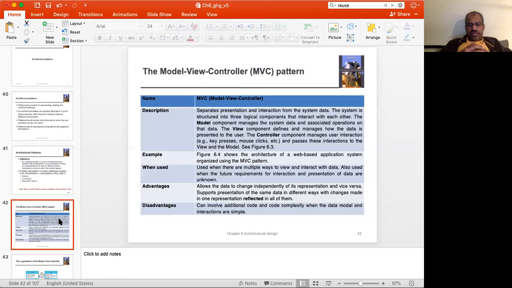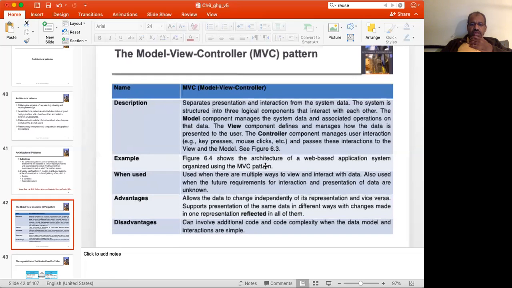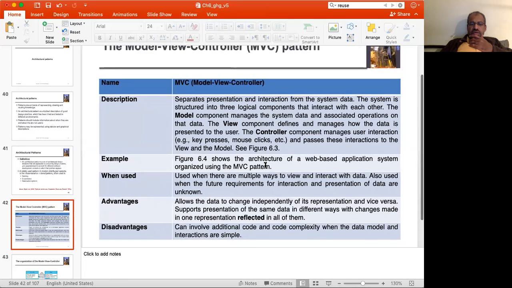Okay, here's a documentation of the model view controller pattern. Let me read the description with you. What is the MVC, or the model view controller? It's a very popular software architectural pattern. It separates presentation interaction from system data. So leave the system data alone, and take the presentation interaction in separate modules or components.